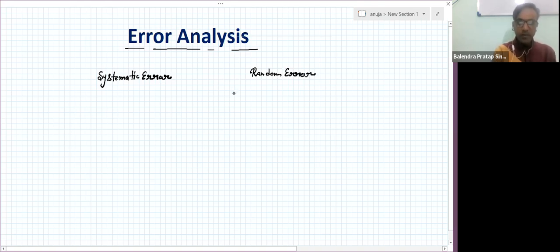So what is the difference between systematic and random error? In systematic error, we can define the cause. The cause can be identified in systematic errors.